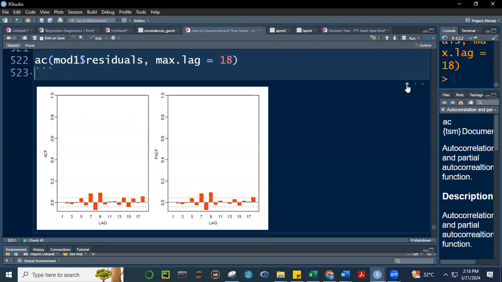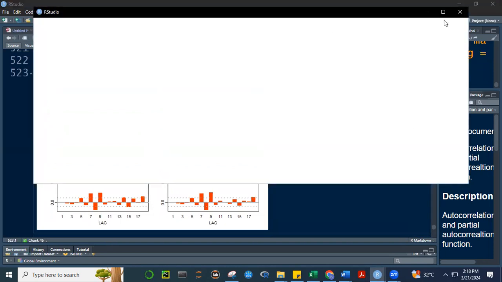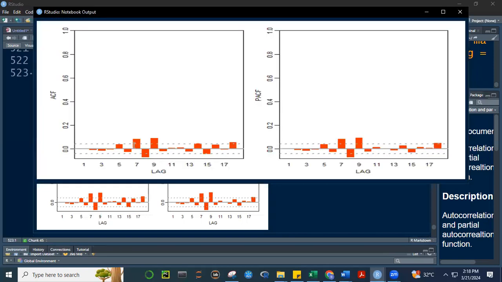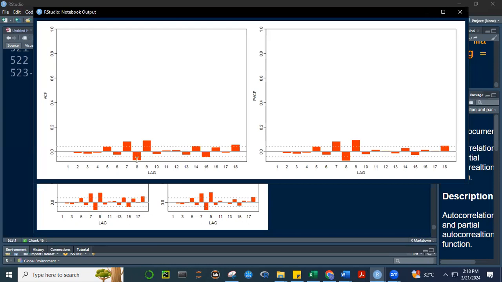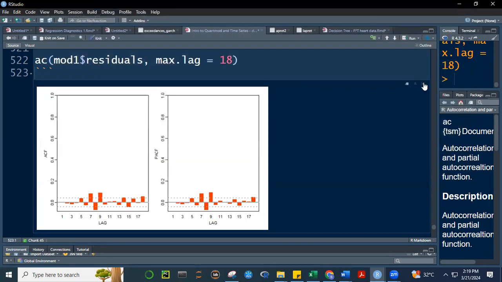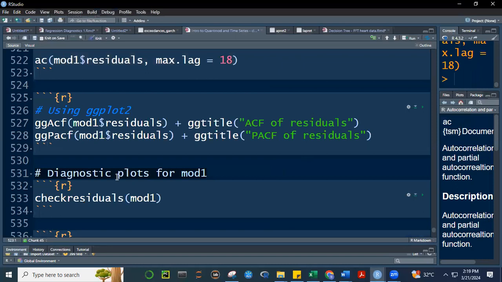What you can see is meron pang medyo may mga significant correlations. Okay? Which means, class, which could indicate that the residuals are... i-plot natin, class, ito. I gave this to you, di ba? ACF and the PACF of the residuals.